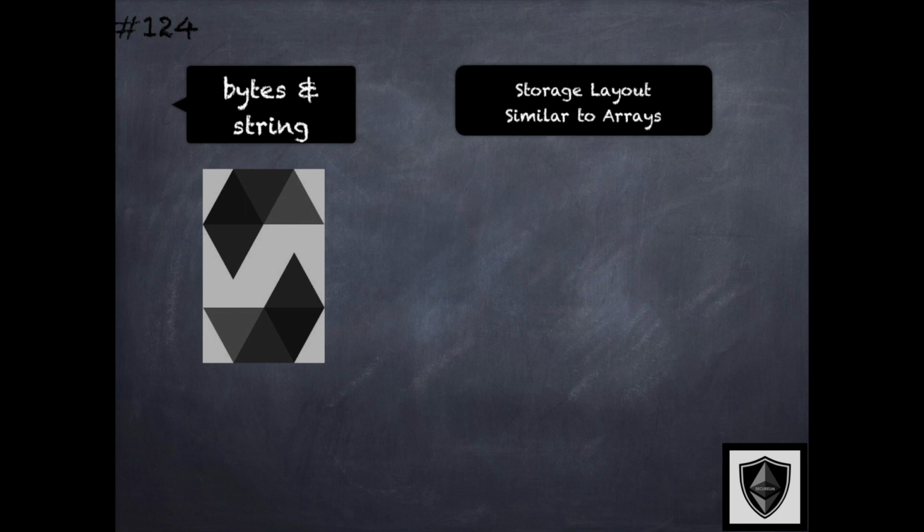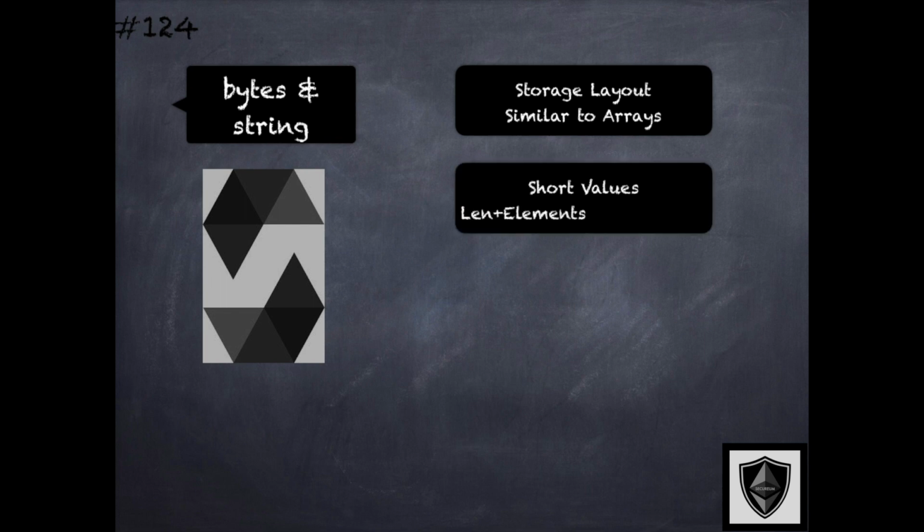However, there is an interesting optimization. If the values of these variables are short, then instead of storing these elements separately, they are stored along with the length within the same storage slot.